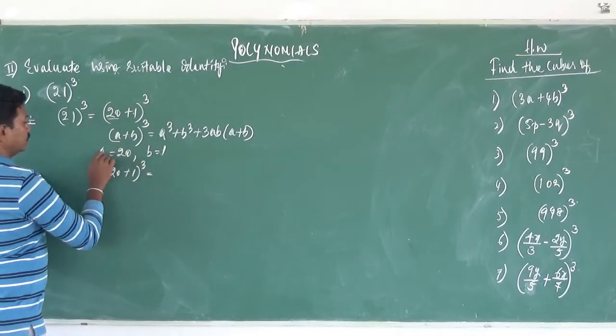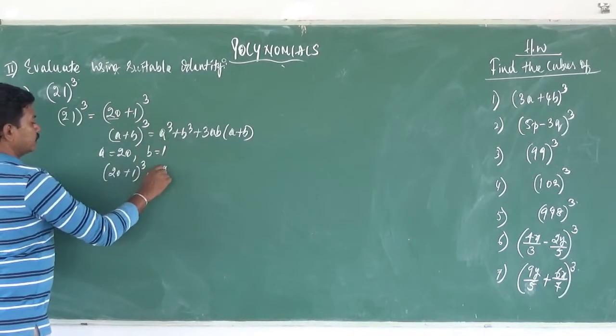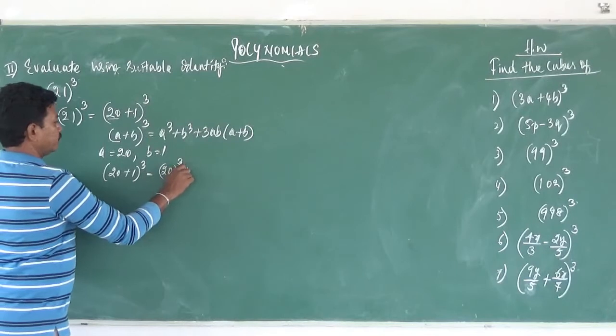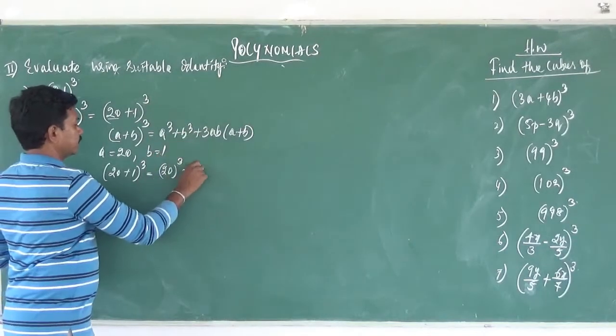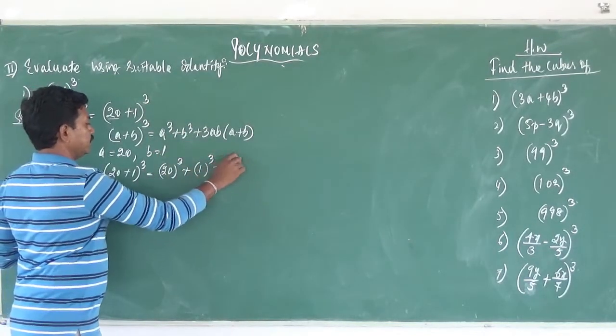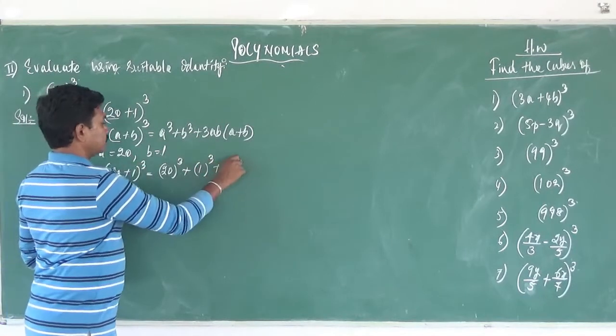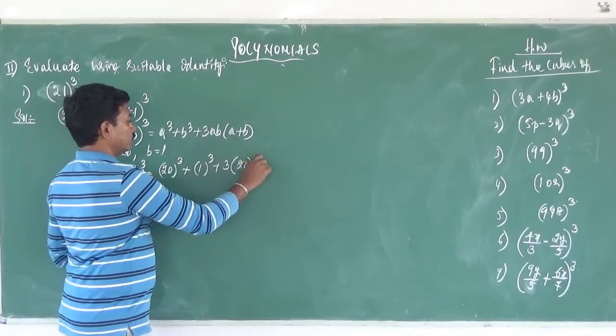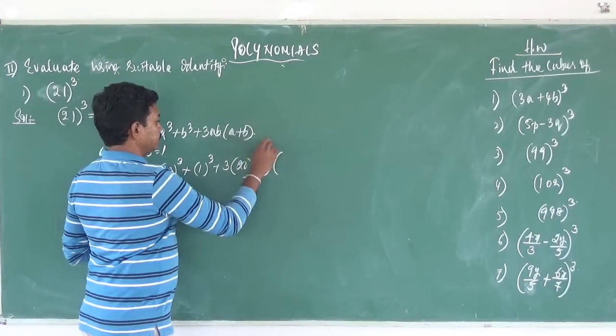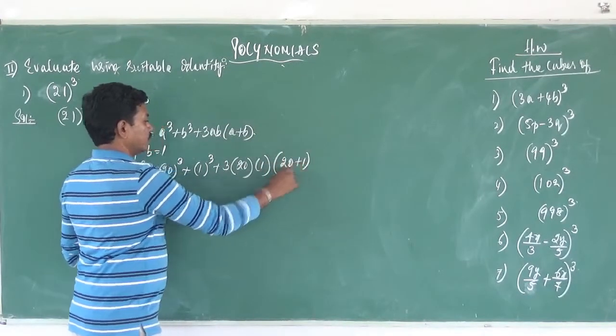That is, (20 plus 1) whole cube is equal to a cube, which is 20 whole cube, plus b cube, which is 1 cube, plus 3 into a, again 20, into b, which is 1, into (a plus b), that is 20 plus 1.